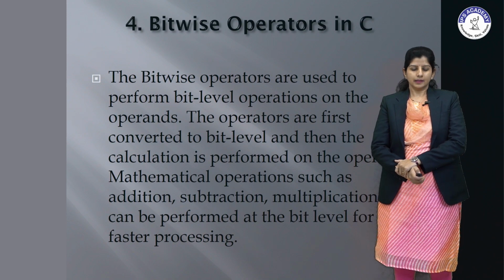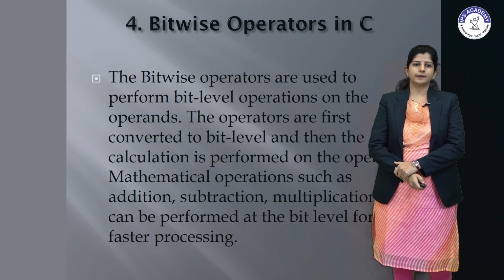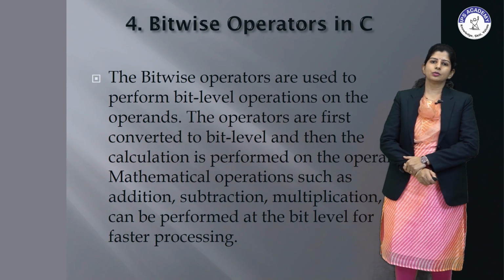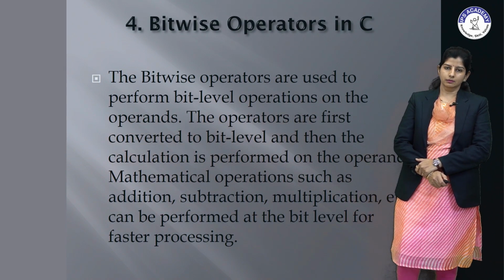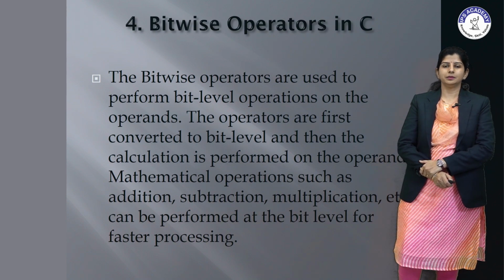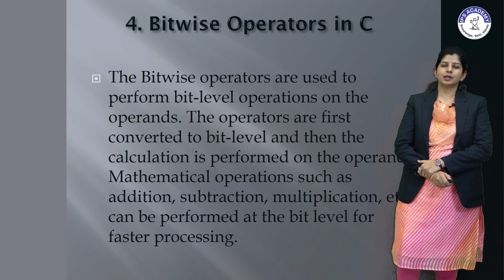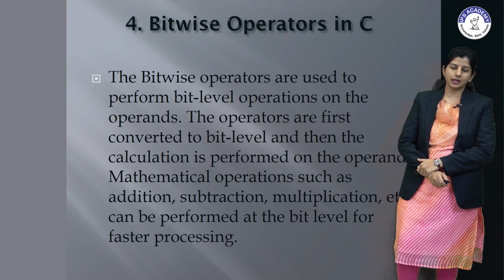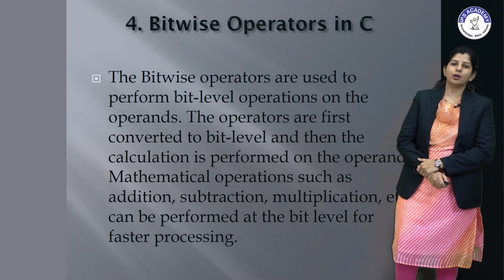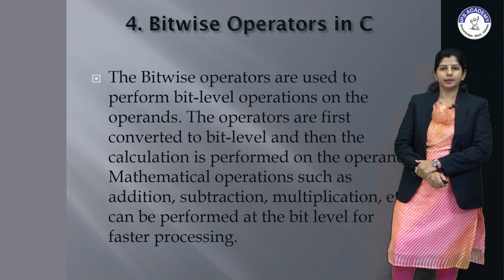Now we are seeing the next operator, that is the bitwise operator. What is a bitwise operator? If we look at what a bit is, when we are working on the computer, everyone knows the byte and bit. Whatever work we do on our computer is stored in the form of small bits.